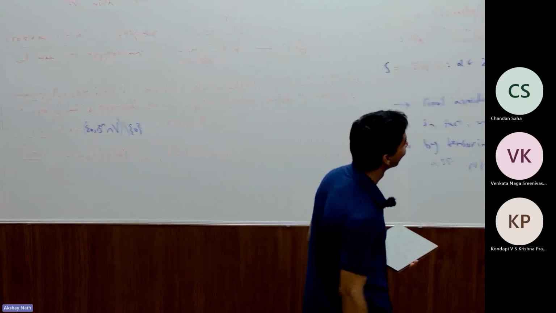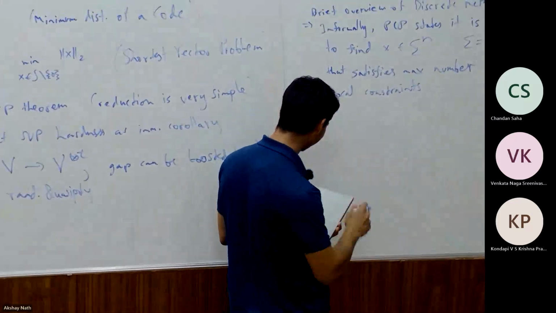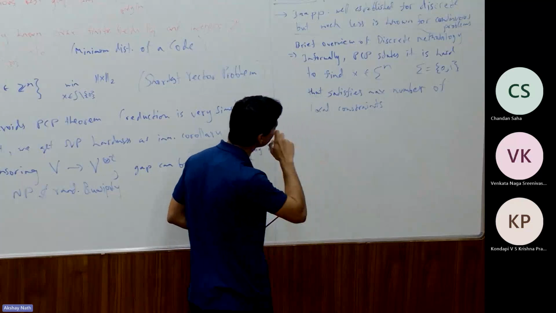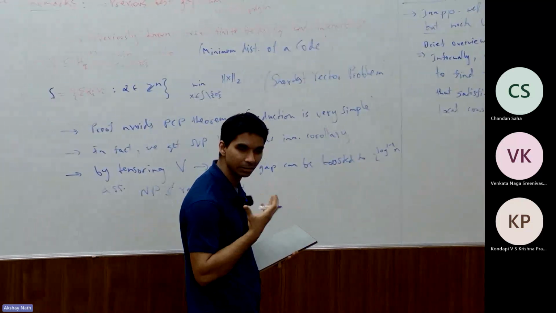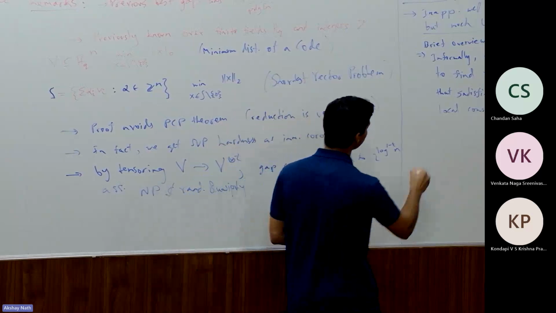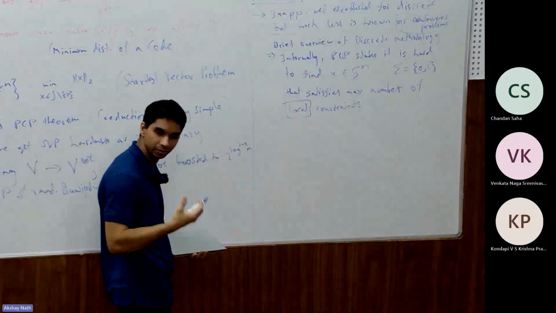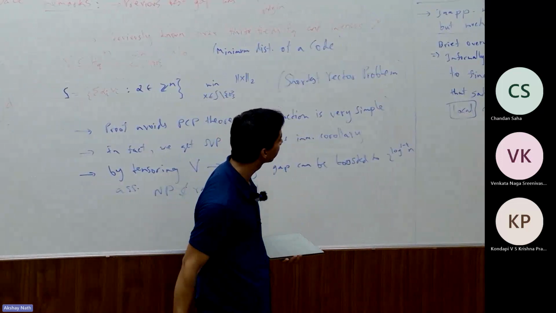Yes, this is what the theorem says. And this turns out to be extremely versatile for proving hardness of other problems. The keywords here are this: every constraint involves a few variables, and you get this hardness.